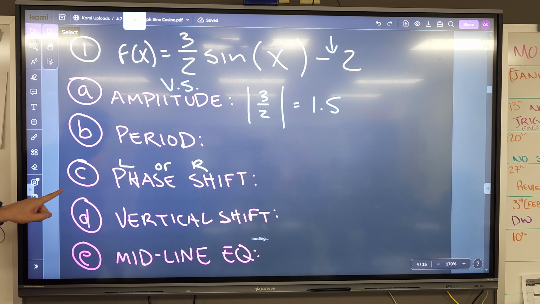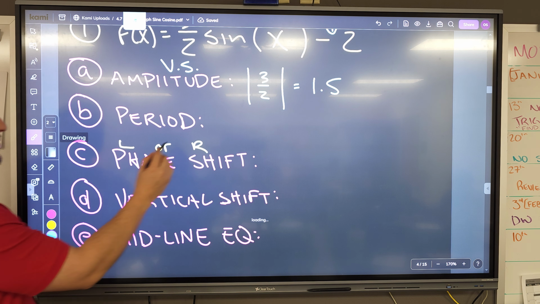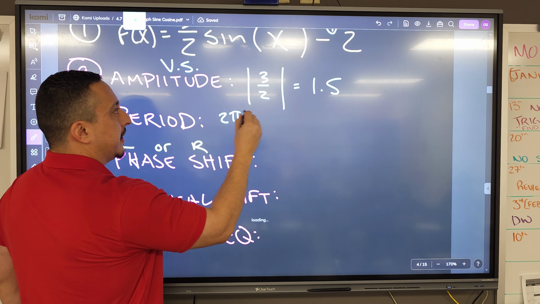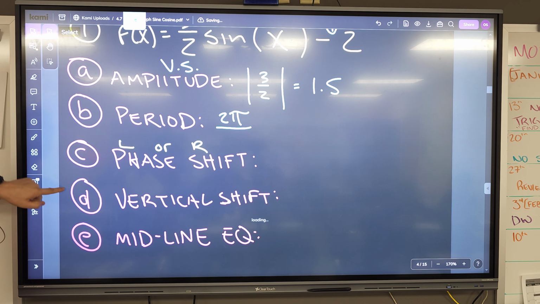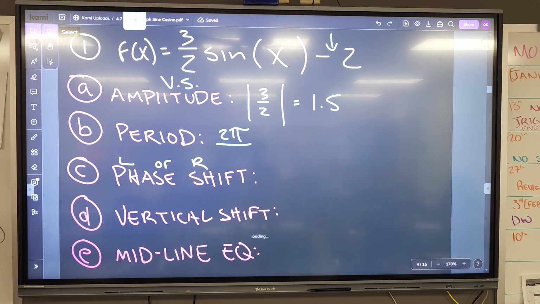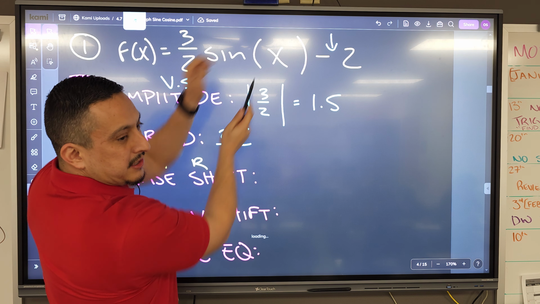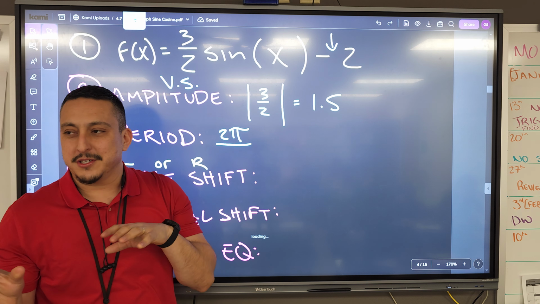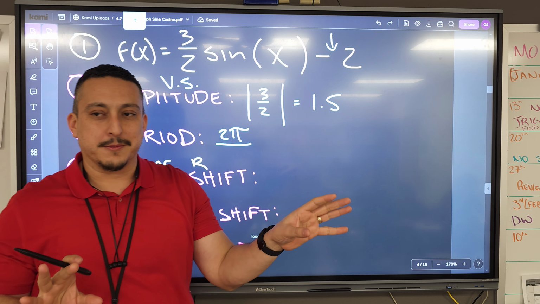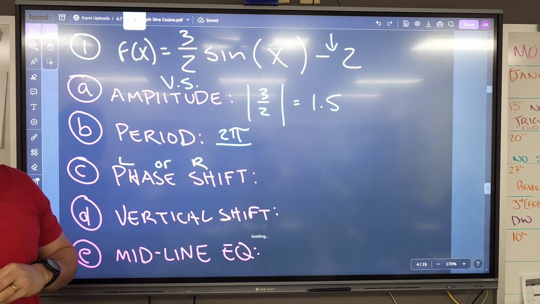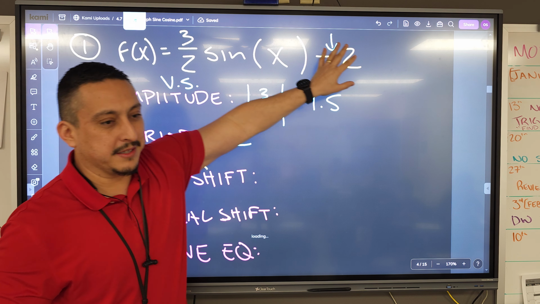Okay, period. So this is the new one. We do 2 pi divided by b. What is b? Well, we know this is a, b is right here, right? And there's nothing there. So usually you're stuck between it's 0 or 1. But if it was 0, what would 0 times everything be? 0.